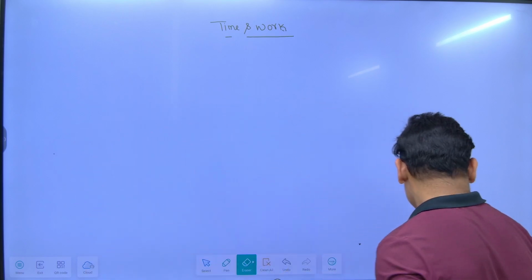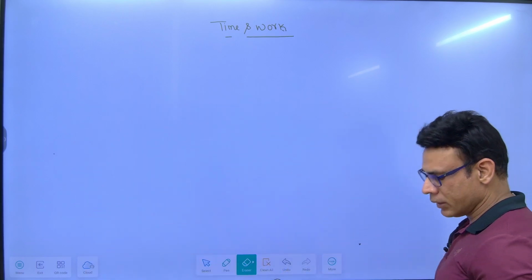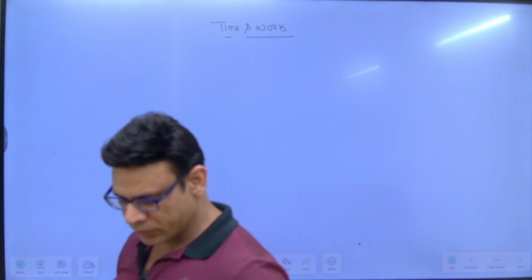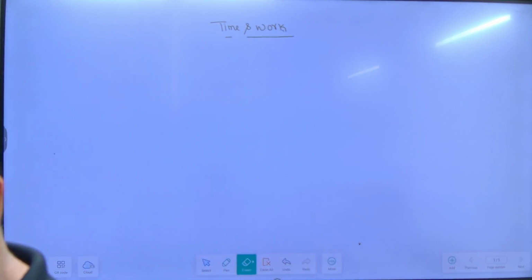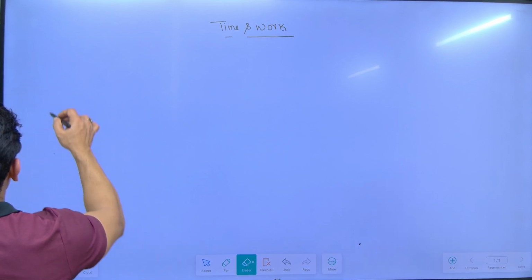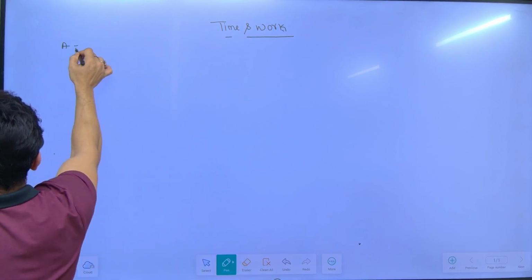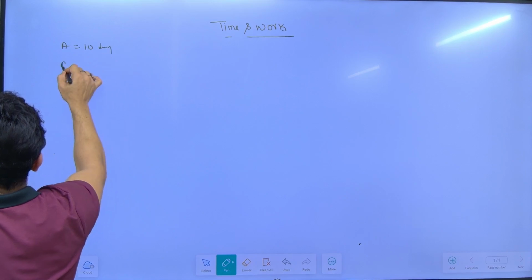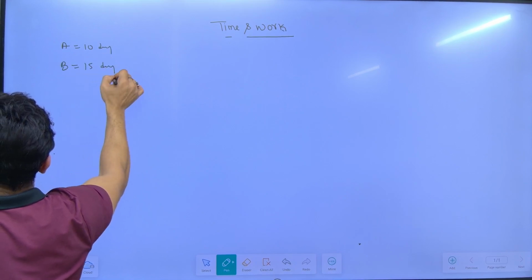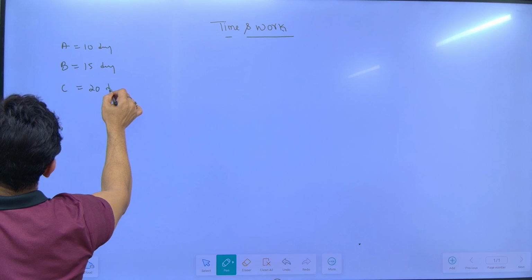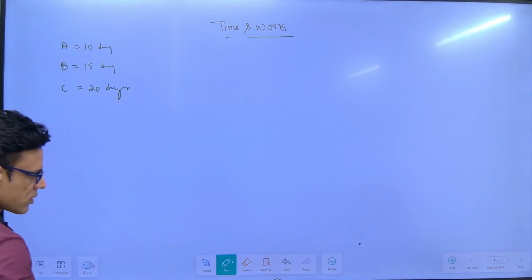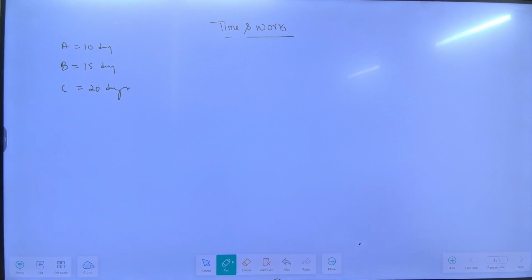Let's say there is another question. It says that A can do a piece of work in 10 days. B can do it in 15 days. And C can do it in 20 days. So if they together do this work, how many days will they take, right?